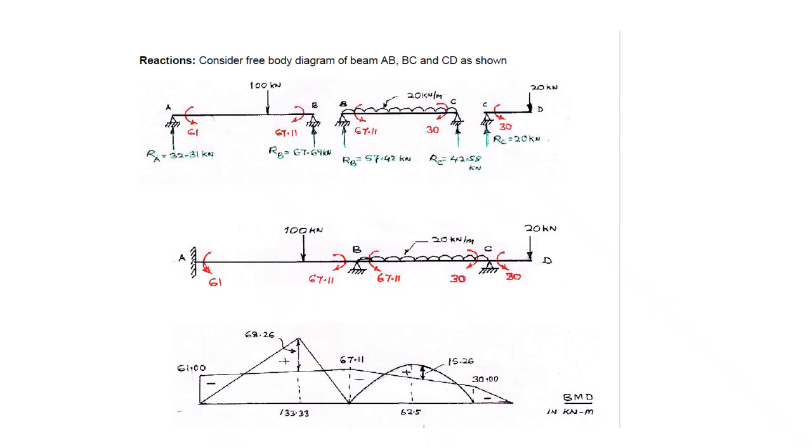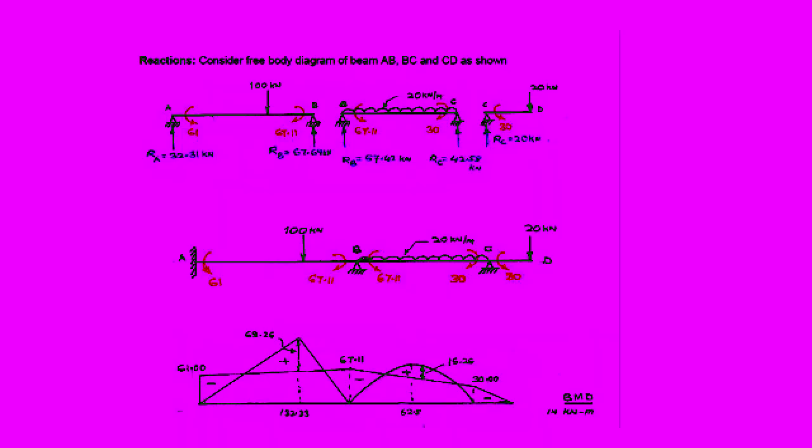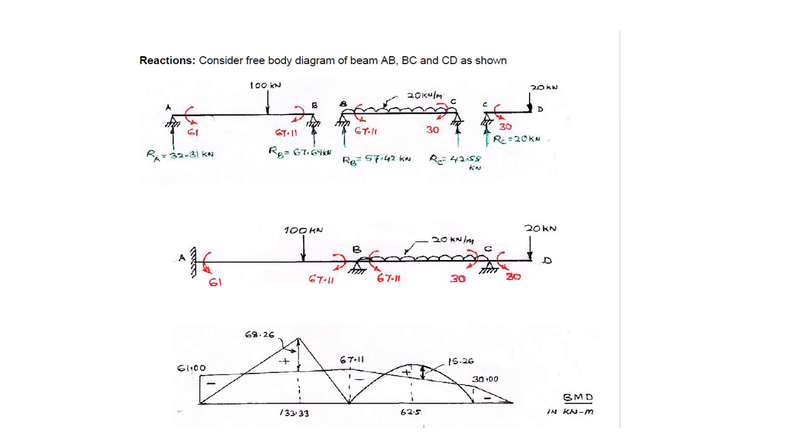If you find these reactions, you can plot the bending moment diagram, and we also have to find the span moments. A 100 kilonewton non-central load is acting, so you substitute Wab by L, and you can get 68.26. Here the UDL is acting throughout the span, a simply supported beam with UDL, so you take WL square by 8 as the span moment.